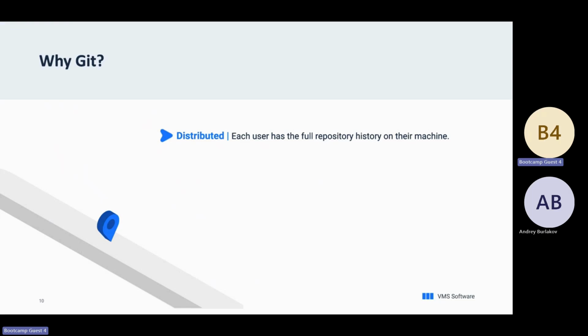For example, in Windows, in Linux, even on their phone, because nowadays there are some phones which allow you to clone a repository and use it, and it allows you to do some work there and work in parallel with other people in the same repository, in the same source code. Yeah. It's flexible.